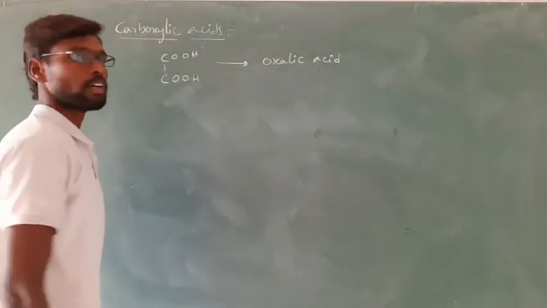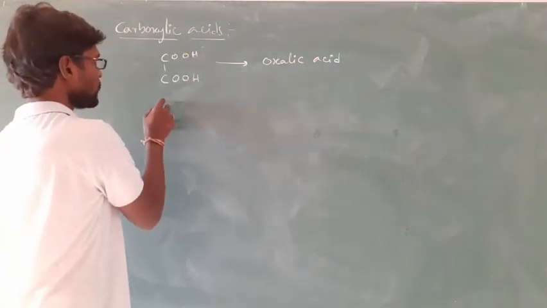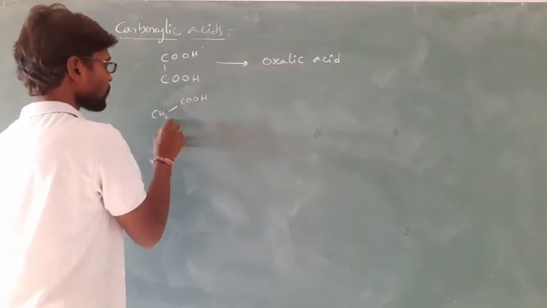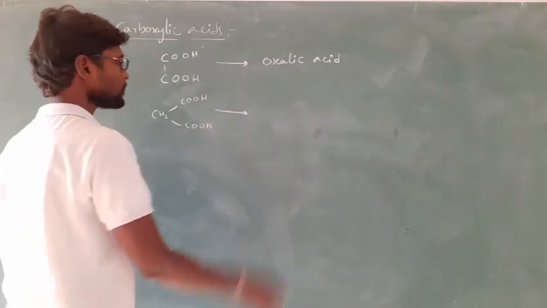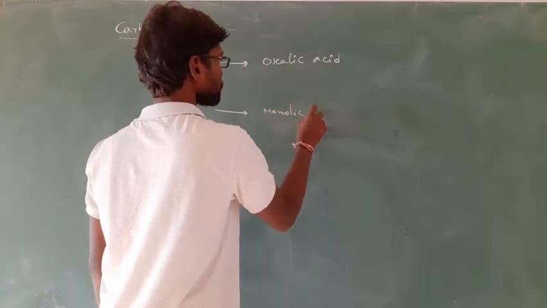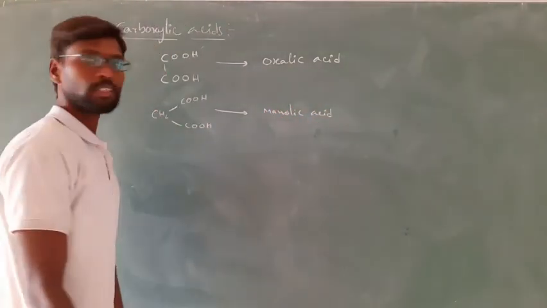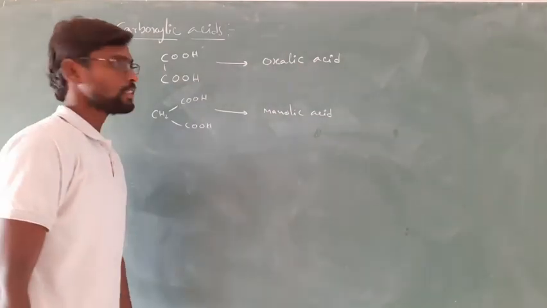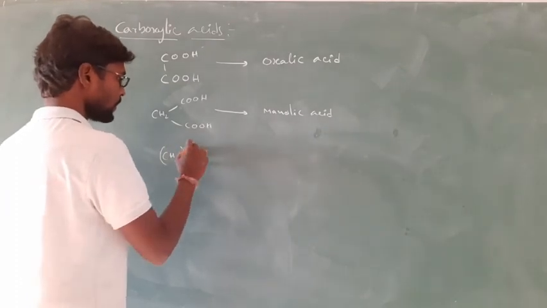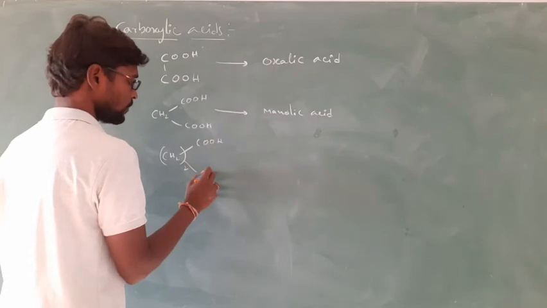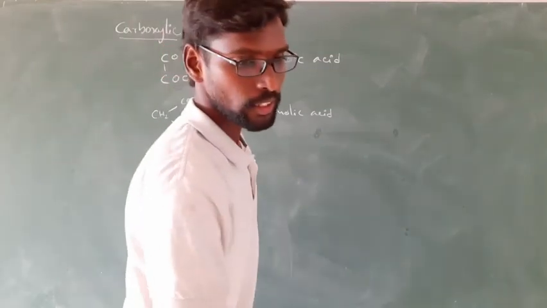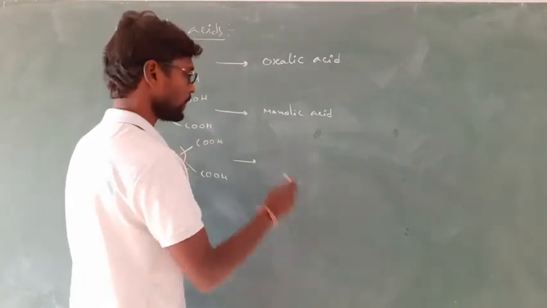Next, the second one, the homologous series of this one, that is CH2 with COOH and COOH. This is called malonic acid. Next one, the homologous series of this one, that means two CH2s, then COOH and COOH. Oxalic acid, malonic acid, and the next one is succinic acid.